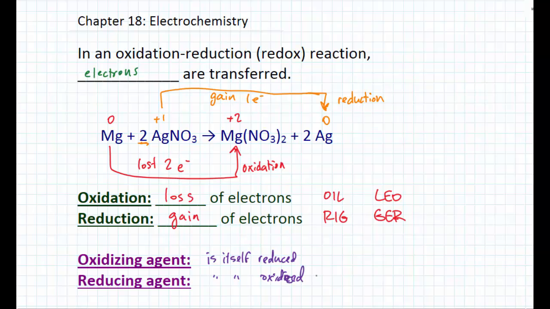But that's helpful because usually we're not so interested in what happens to a particular substance. Usually we add something to cause something else to be oxidized. Okay? So in our pools we put chlorine, not because we're interested in what happens to the chlorine, but because we want to oxidize the crap that's in the pool. So chlorine is an oxidizing agent. Right? So absolutely, that's exactly what happens.